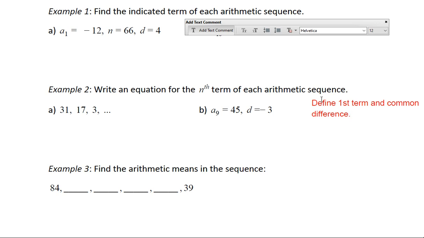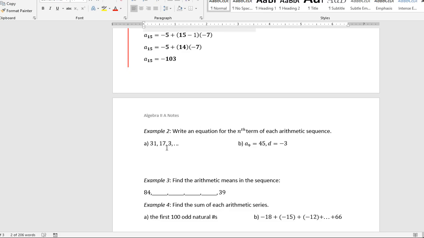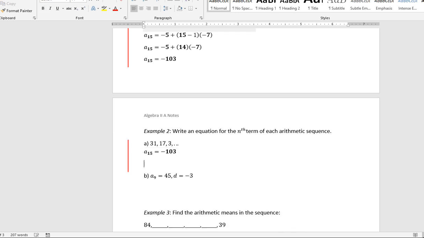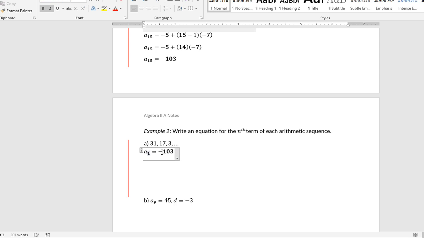Those are the things we need to be able to do that. So if we come over here, can we say that we know what a sub 1 is? There we go. So a sub 1 is just the first term in the sequence, so it's 31.